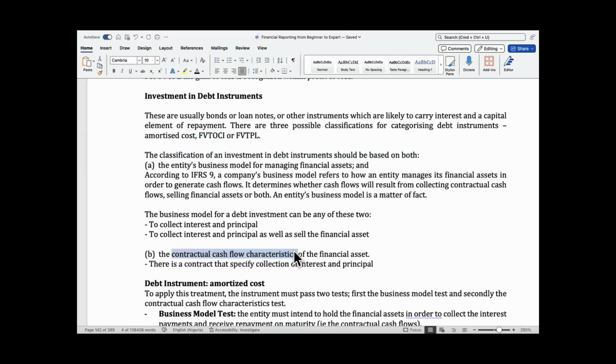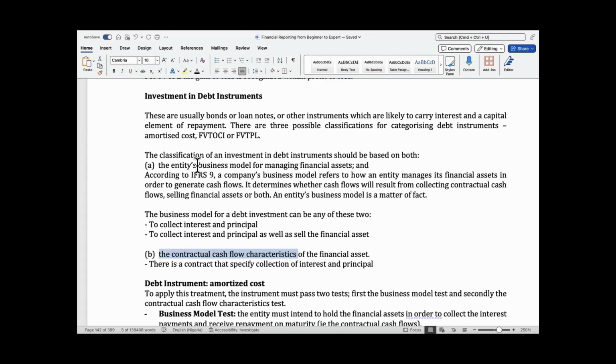Those are the two bases. Remember the basis for equity? That one is whether you are holding it for trading or for the long term. This one, the basis is the entity's business model for managing the financial assets, and also the contractual cash flow characteristics of the financial assets.